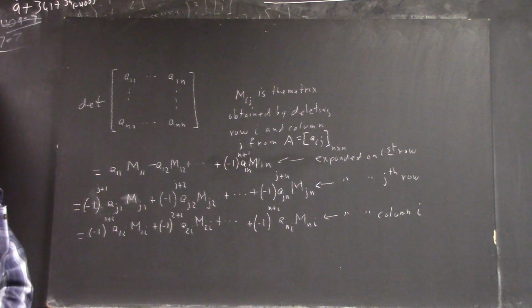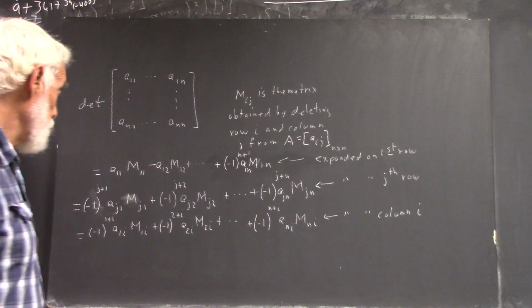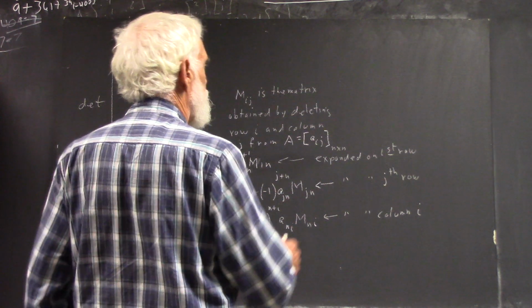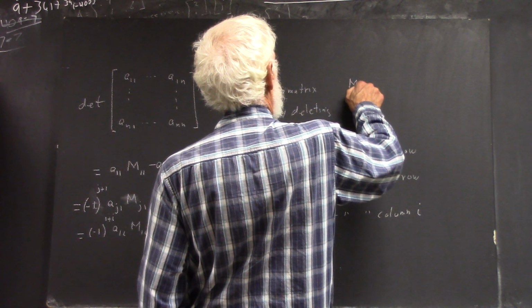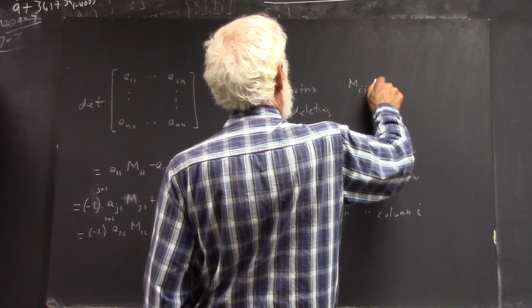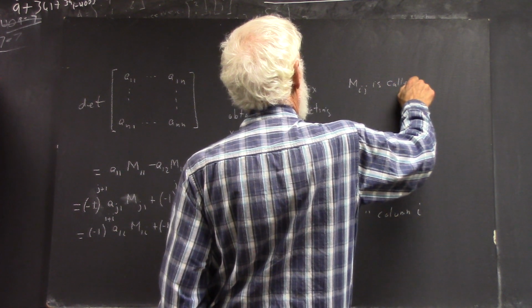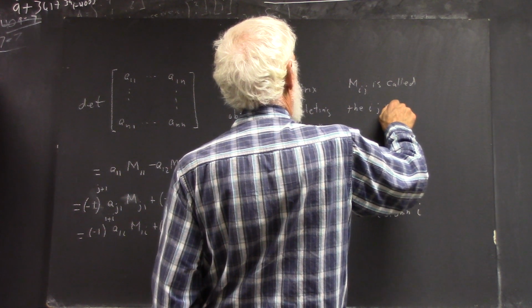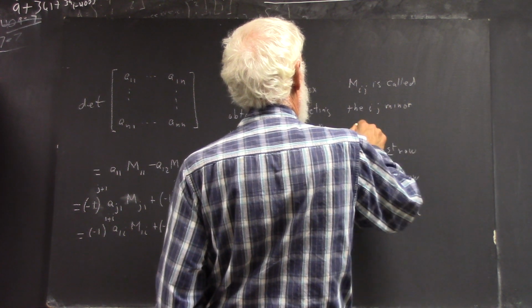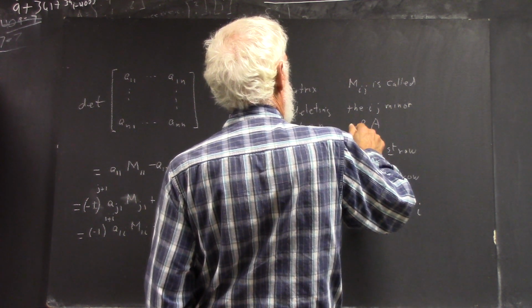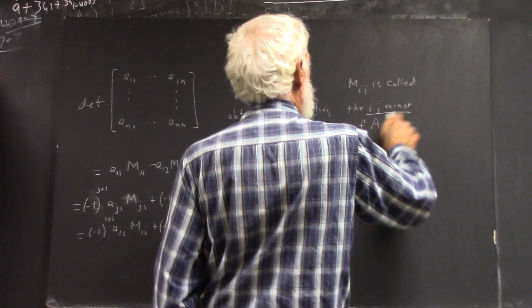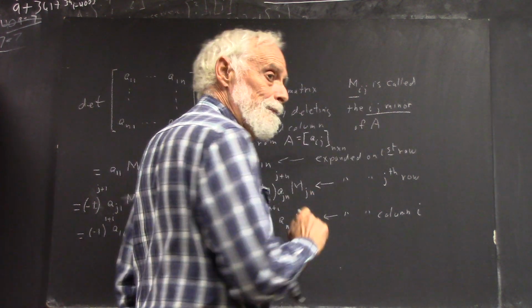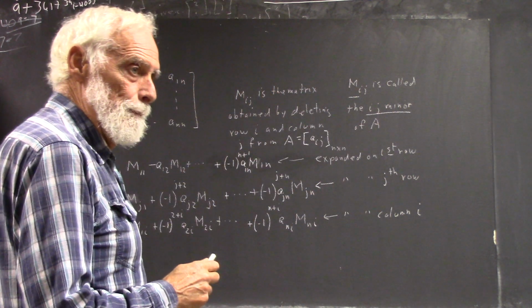There's your definition. Now there's a little terminology, okay? Mij is the ij minor of the matrix. Okay?